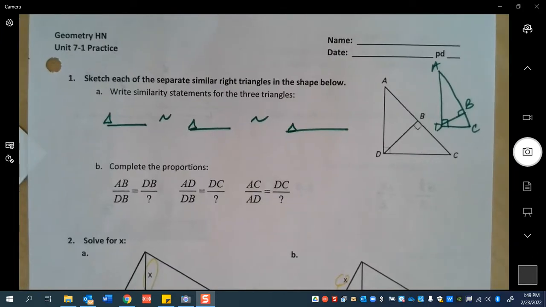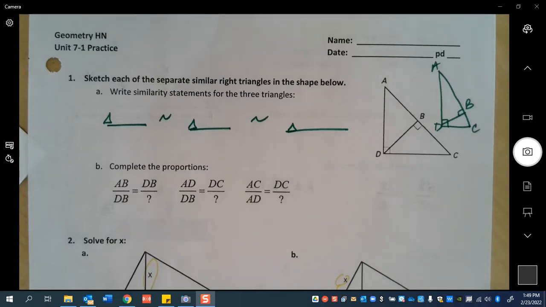First thing that we needed for number 1 is for you to write a similarity statement for the 3 triangles. And this kind of a triangle is a hard one to see because it's hard to tell short leg, long leg, small, medium triangle. The large triangle is obvious and the hypotenuse is obvious. It's opposite the right angle. But it's hard to go short leg, long leg. So just like I suggested when we did the notes, draw a more exaggerated version of the triangle.